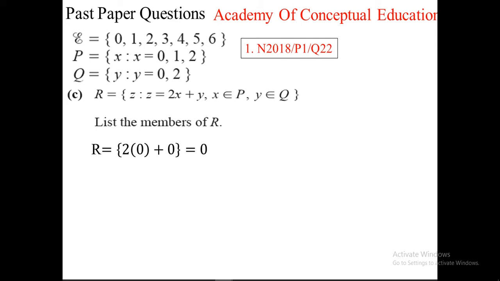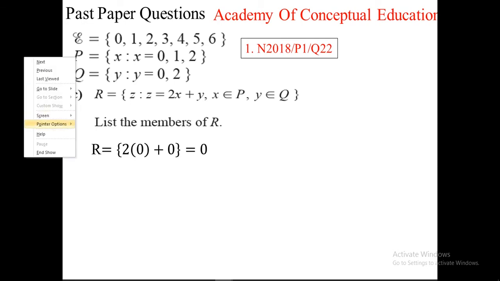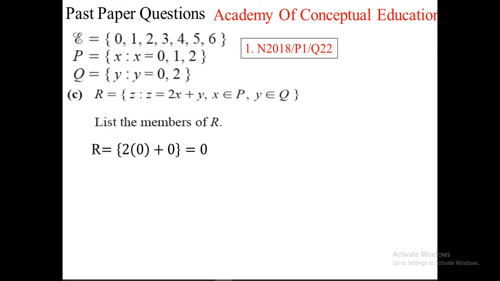Here it is mentioned that set Z is equal to 2x plus y. These are the values of x, and these are the values of y.